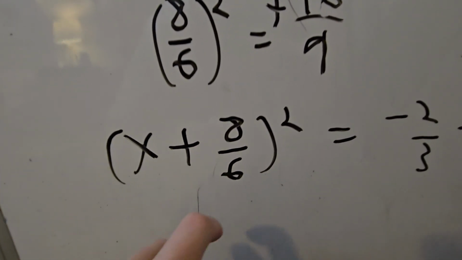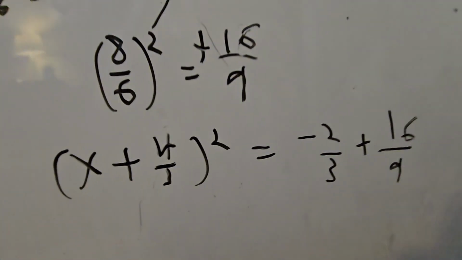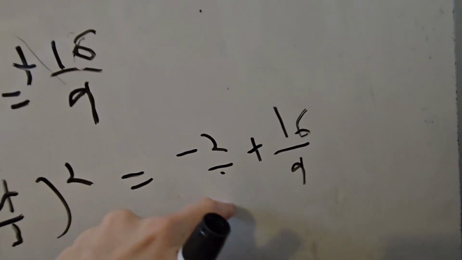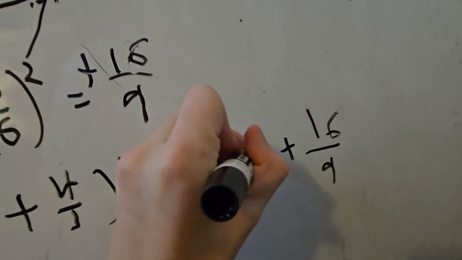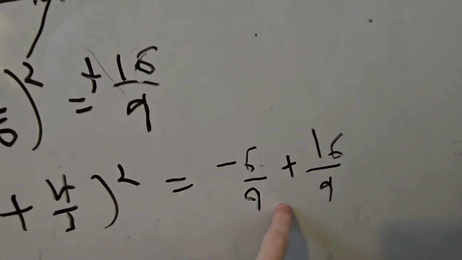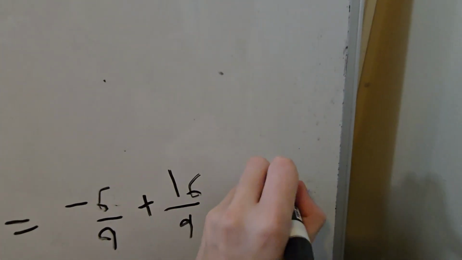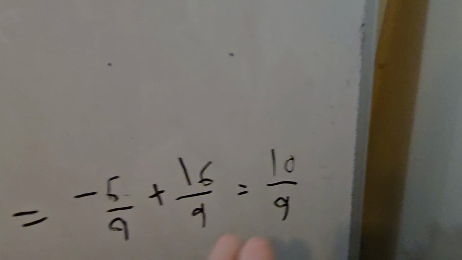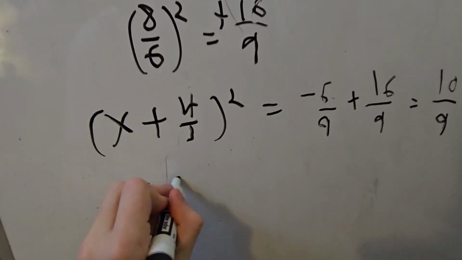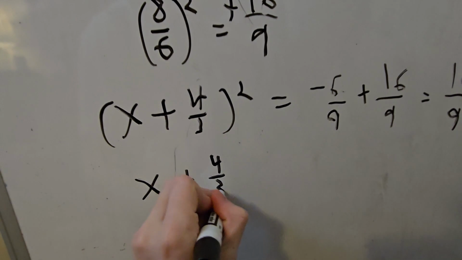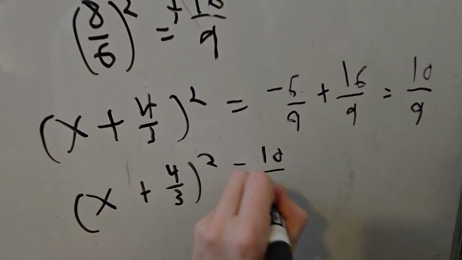So let's simplify this a bit. 8/6 is just 4/3. Negative 2/3 is just negative 6/9. So then we can add these two together, which is equal to positive 10/9. So then we're left with x plus 4/3 squared is equal to 10/9.